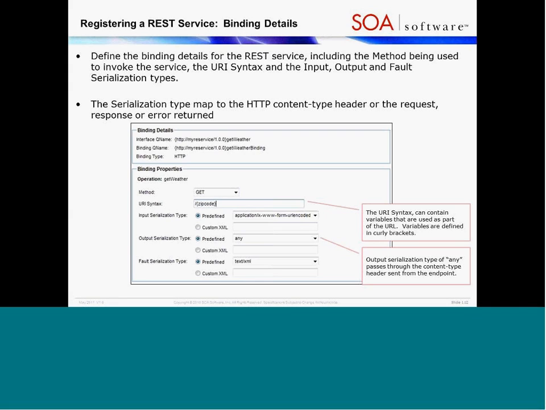The content being returned to the consumer will be returned as JSON payload, even though the physical service is returning XML. So for default serialization, these input types are very important for the runtime processing of the RESTful service.